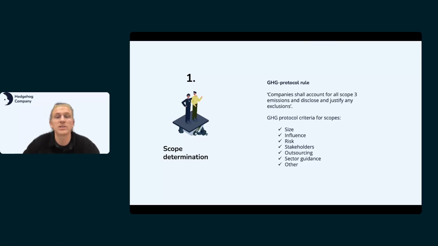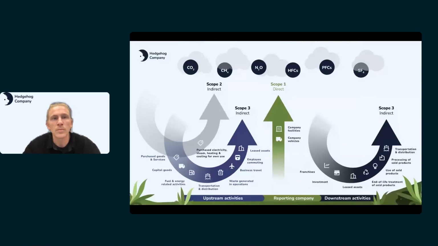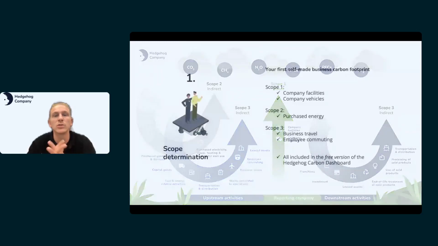Also outsourcing activities, as there can be sector guidance papers or white papers where a sector states these are the emission sources that you must include or can exclude. And of course, there are some other criteria as well. So, in short, start with all the emission sources and then justify any exclusions that you want to leave out.